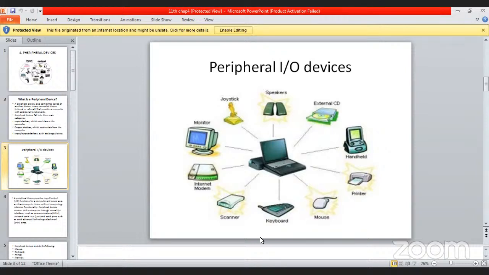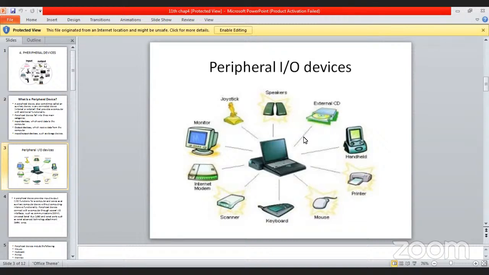All those devices we can connect to the computer. For example, the external CD. In that external CD, we can work. Working means what? We can store data in that CD as an external device.